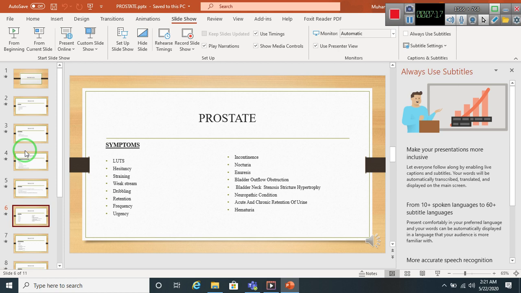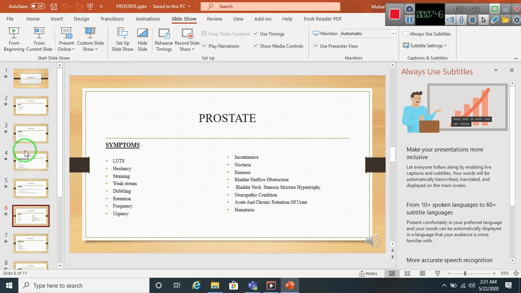Bladder outflow obstruction. This is because of the hypertrophy of the musculature. Bladder neck stenosis, stricture, hypertrophy. Neuropathic condition: the nerves become damaged, and the sphincter is not properly constricting and relaxing.